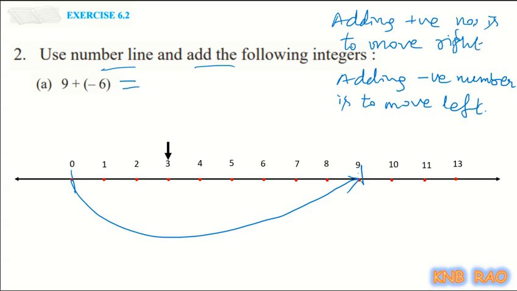So, we move right to add a positive number and we move left to add a negative number. From 0 to 9 we added a positive number, and from 9 we have to move 1, 2, 3, 4, 5, 6 steps. So, by adding a negative number we arrived at 3. 3 is the right answer.